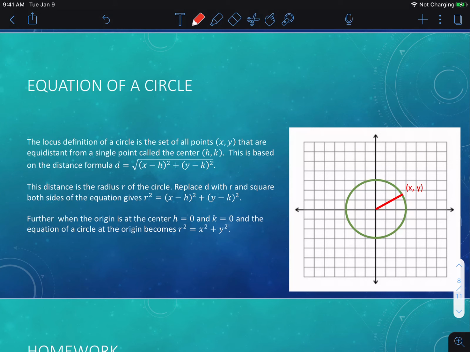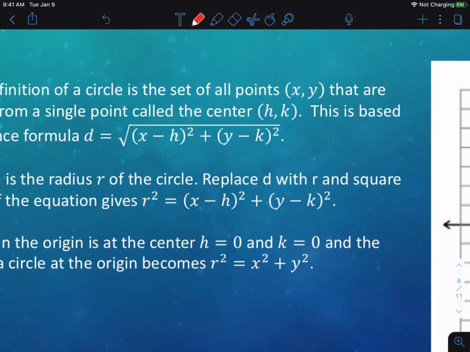Now we wanted to spend a little bit of time reminding you of the equation of a circle. So if you remember, the locus definition of a circle simply is stated this way, that the set of all points (x, y) that are equidistant from a single point called the center. So we're going to call the center (h, k), and this is based on the distance formula. So if you remember, the distance formula says the distance between those 2 points, (x, y) and (h, k), are simply the difference of the x's squared and the difference of the y's squared added together and then taking the square root.